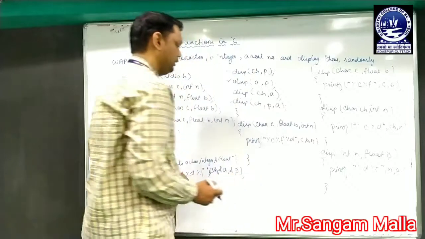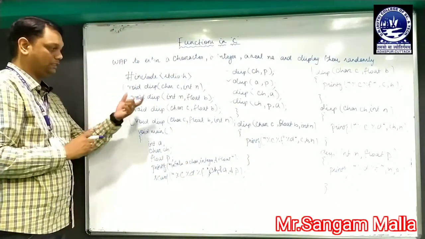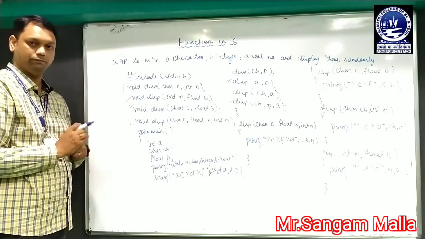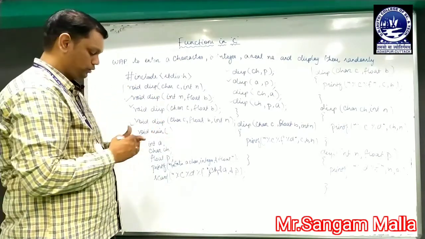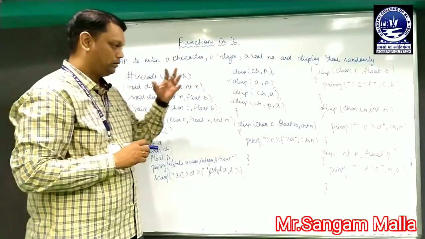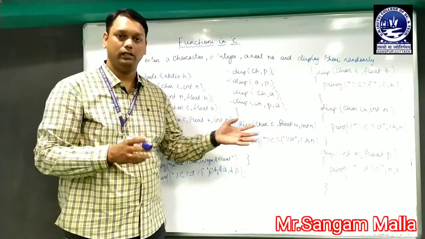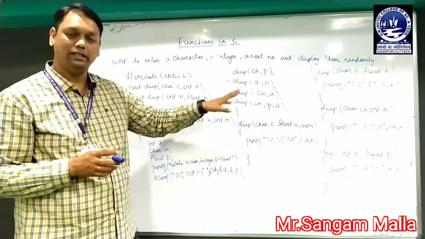So you can see that I have declared 4 functions with the same name, that is display, disp. This is a confusing one, but we will go serially. I have taken the same name because lots of students have a doubt about the same name and how to call a function, and they get confused.